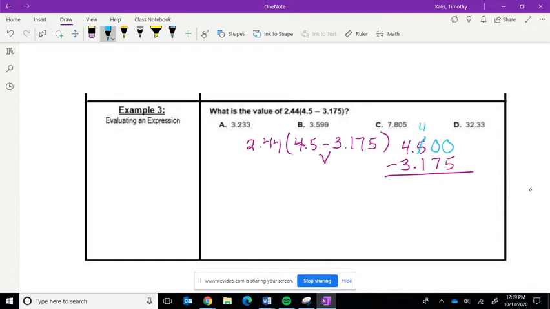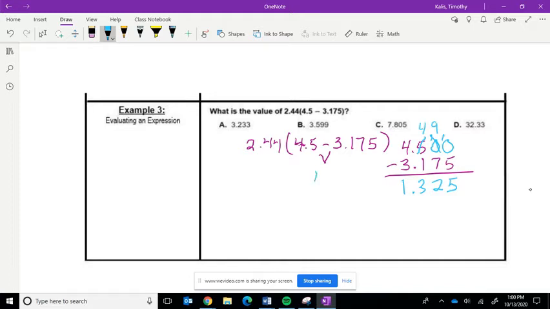We turn it into a 4. So 10, borrow, make it a 9. 10 minus 5 is 5. 9 minus 7 is 2. 4 minus 1 is 3. The decimal point stays lined up. 4 minus 3 is 1. So we have 1 and 325 thousandths.